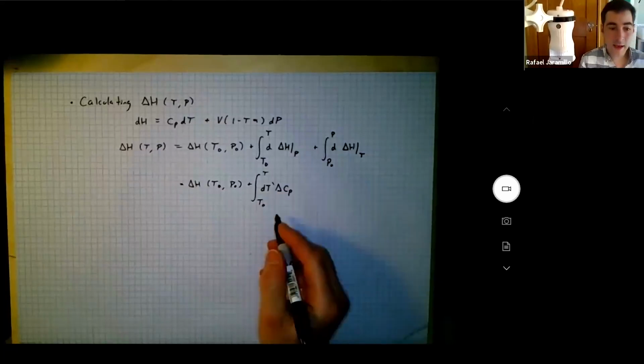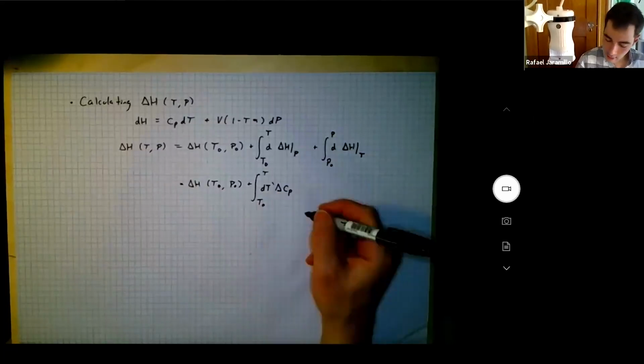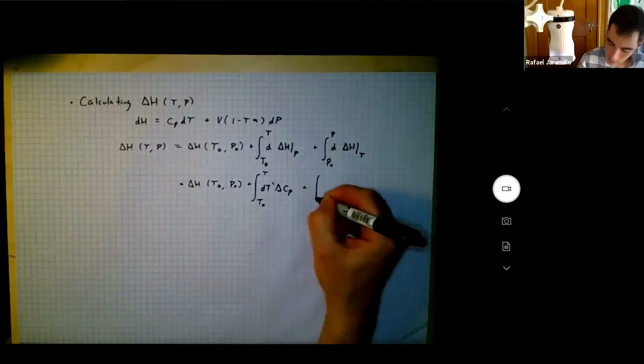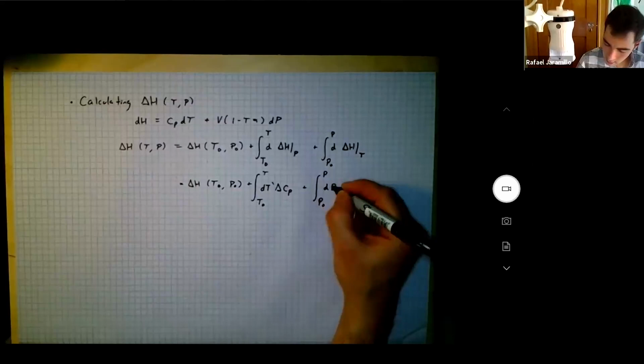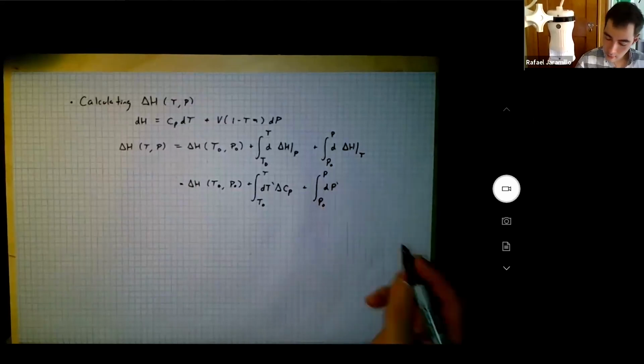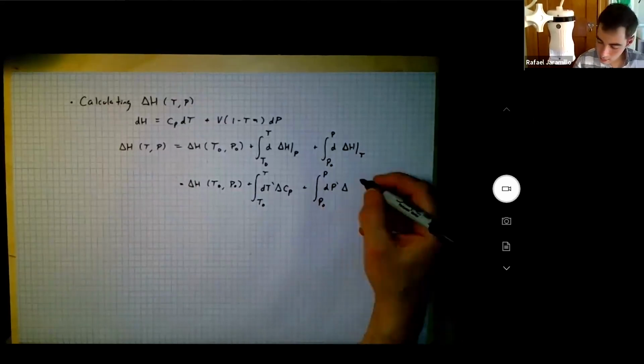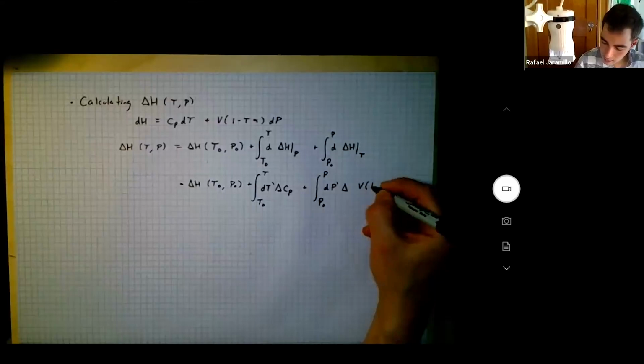So there's my heat capacity differences. So here's where that data comes in. Plus the integral from P naught to P, dP prime, dummy variable, and again, a transformation quantity, delta of V minus T alpha V.